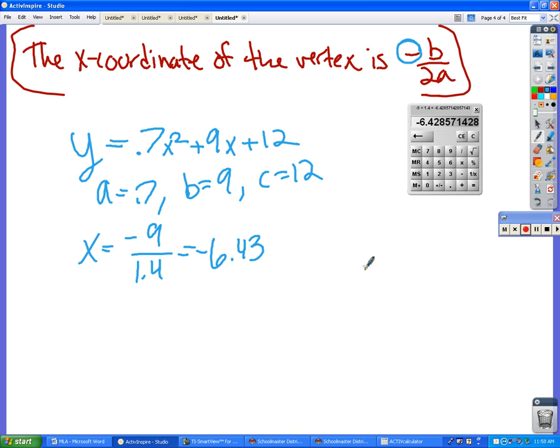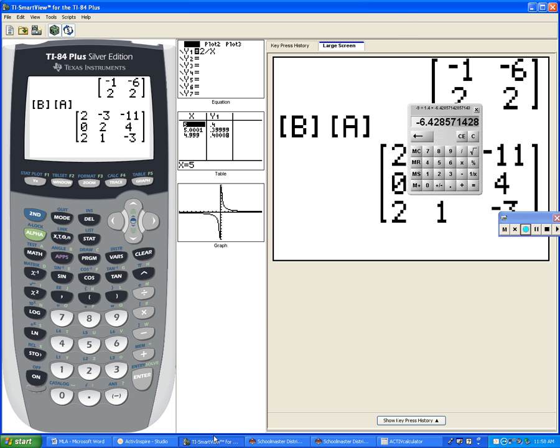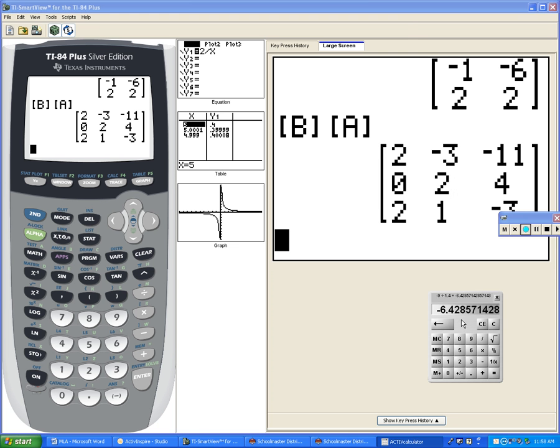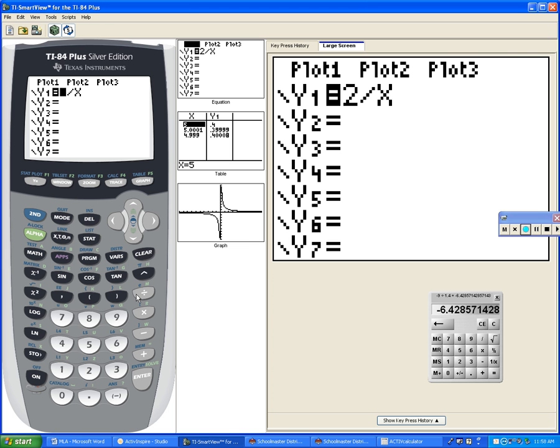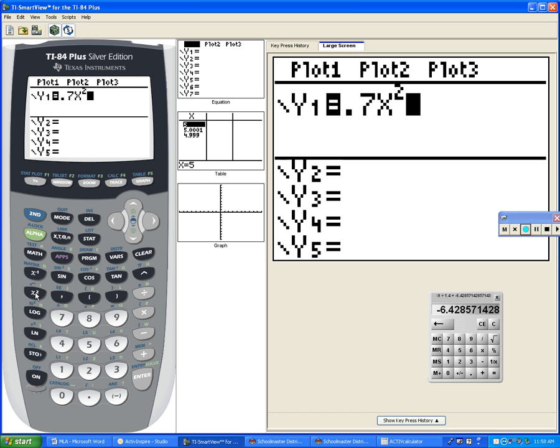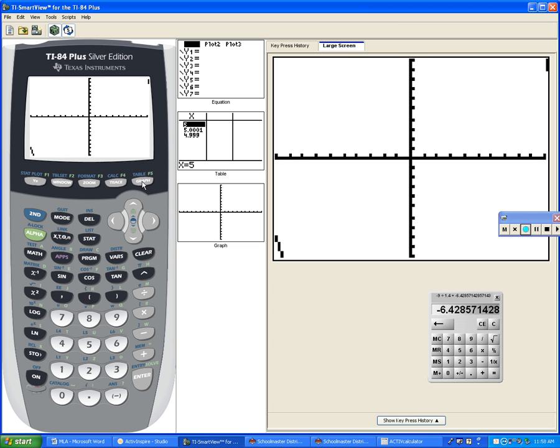Okay, so in that case, the x-coordinate of our vertex is negative 6.43. Let me show you the graph so that you can connect that to what the graph looks like. Chase came up with 0.7x squared plus 9x plus 12. Let's look at the graph of that.